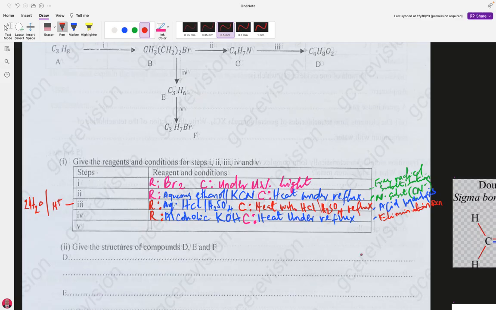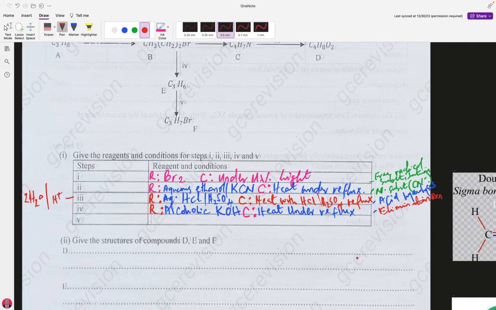Okay, let's go now to the last section. The last section is how can we convert the alkene, compound E, which is propene, something like that. But I don't know the type of propene because it has many isomers the way I'm looking at it.